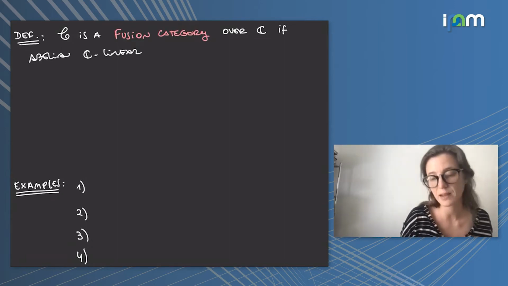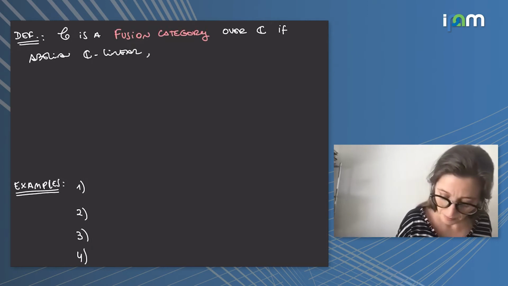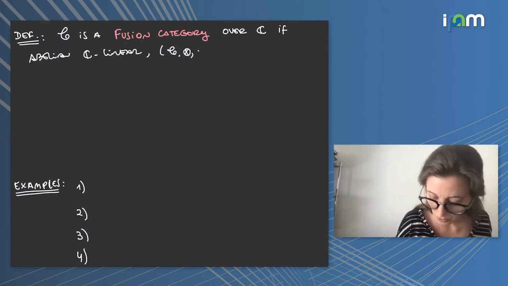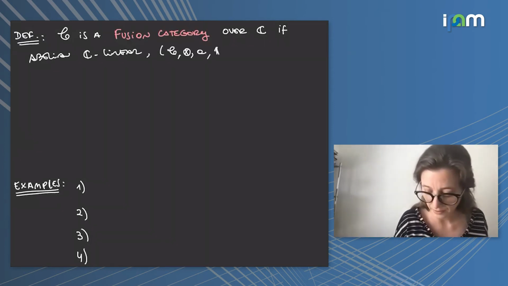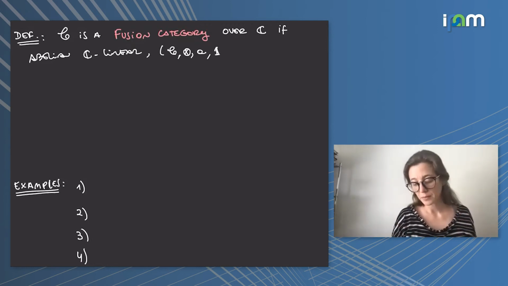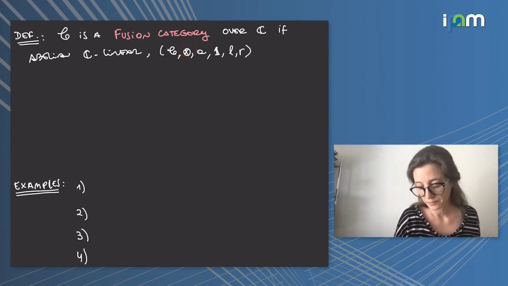So I have direct sums, I have a zero object, I have hom spaces that are vector spaces over the complex numbers. My category needs to be monoidal, so it will have a tensor product, an associativity constraint satisfying certain diagrams, and a unit object for this tensor product. So this is the monoidal structure.